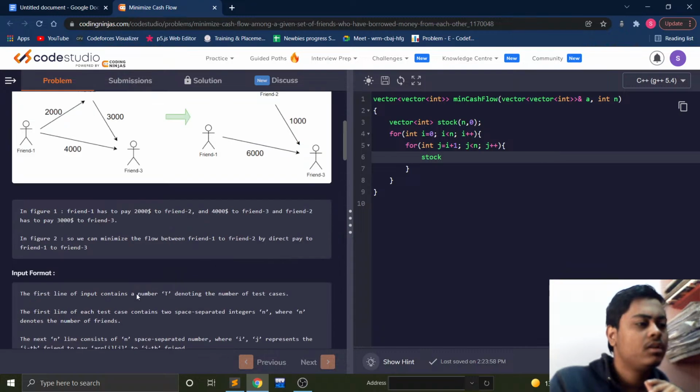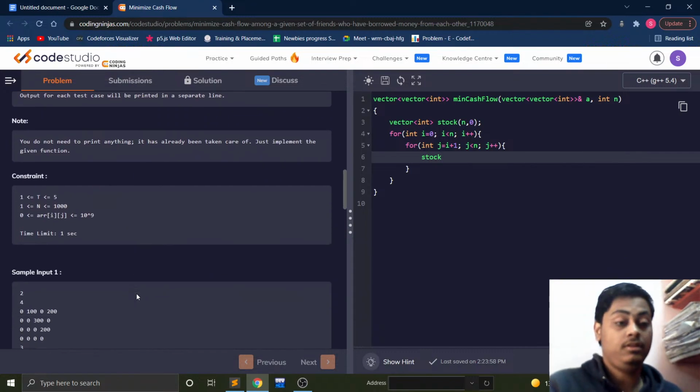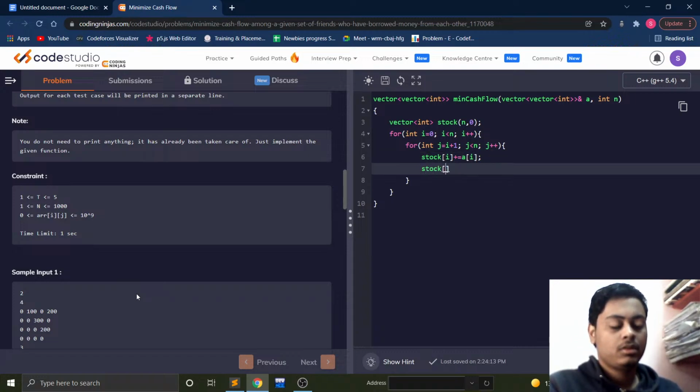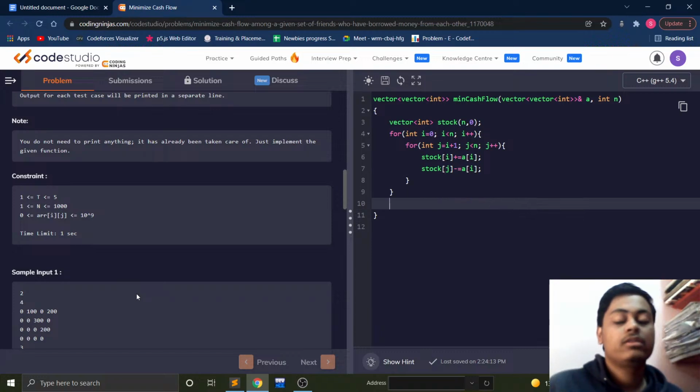The stock of j will be like, j person is getting, so it will be minus. Fine. Now I have the stocks of each person.